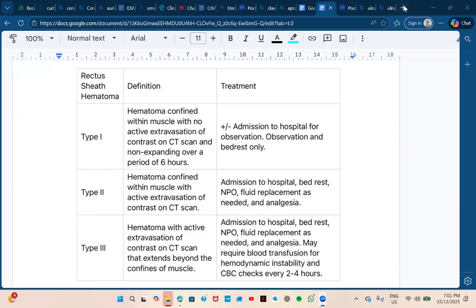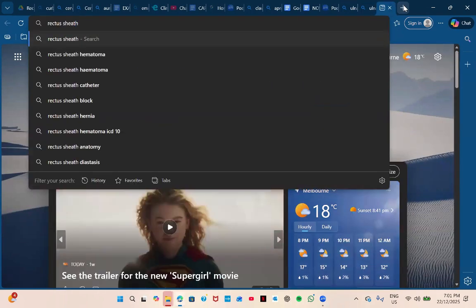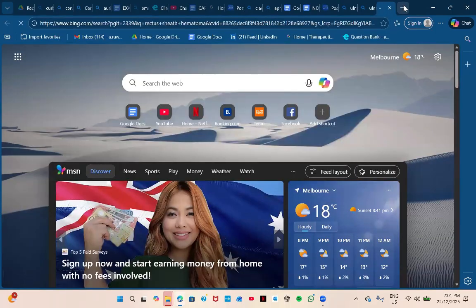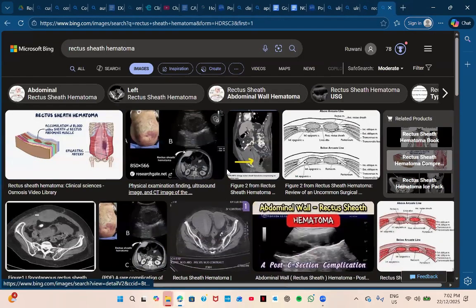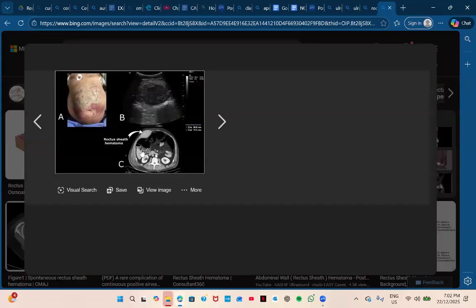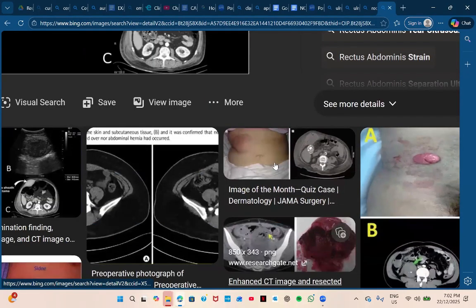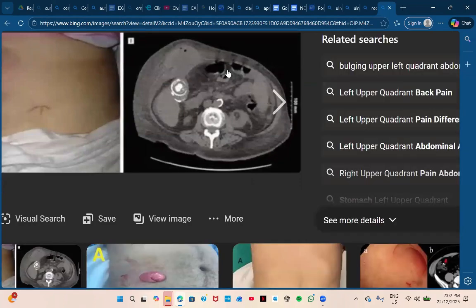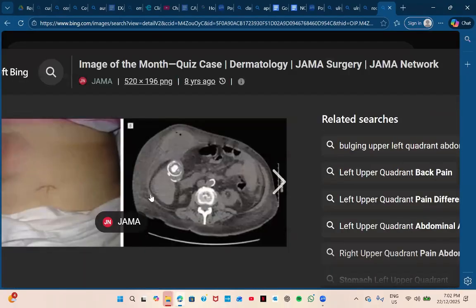Okay, so I'll show the rectus sheath hematoma. Here, you can see, right? The rectus sheath hematoma presents like this. You should know the CT, okay? It presents like this, and with these bruises and everything, here also you can see it's under the skin, right?